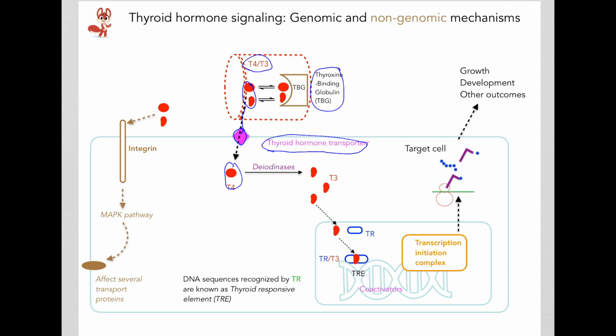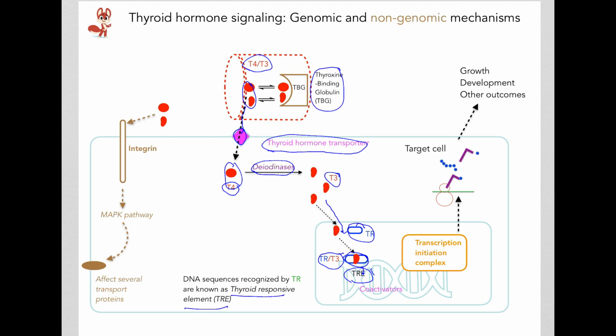In the cytoplasm, T4 will be converted to T3 by enzymes called deiodinases. The T3 will then diffuse into the nucleus, where it binds the thyroid receptor to form a thyroid receptor T3 complex, which acts as a transcription factor. And this complex will now bind DNA at sequences called thyroid responsive elements, or TREs.